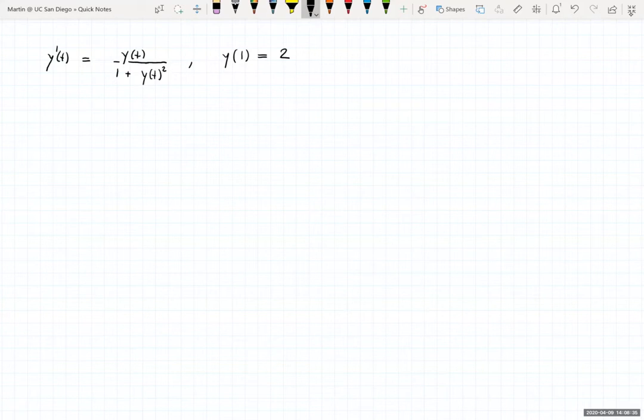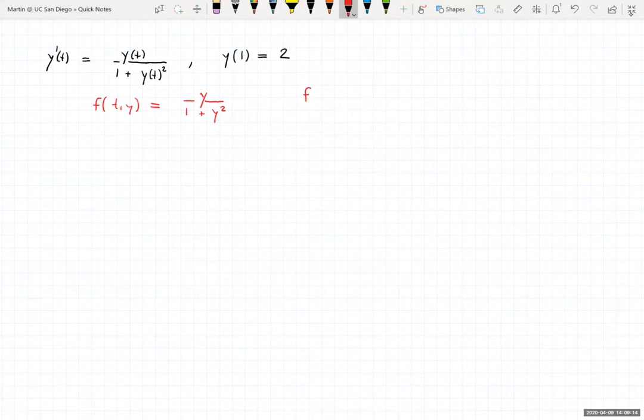It could also be y(0) equal 5 or y(-5) equal 7. So we identify in the Cauchy formulation of this initial value problem, we have f of t, y equal y over 1 plus y squared. In particular, we see it's an autonomous problem.